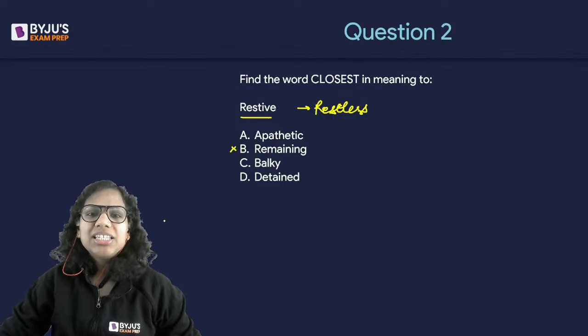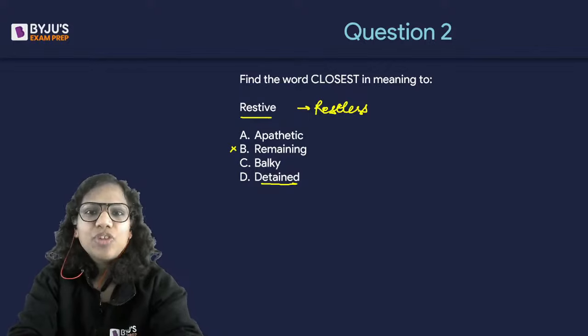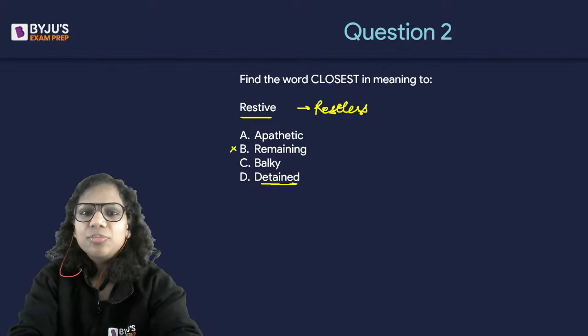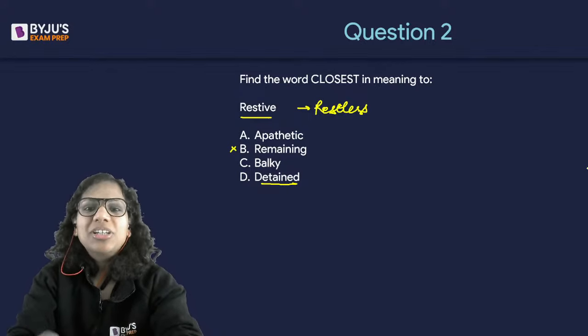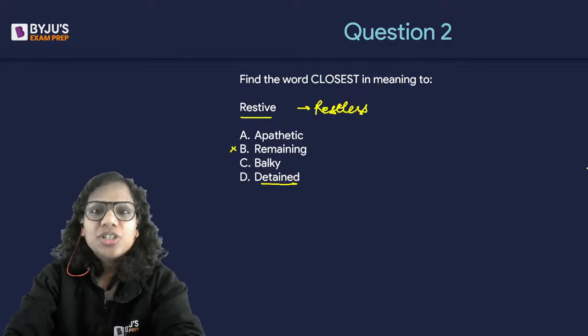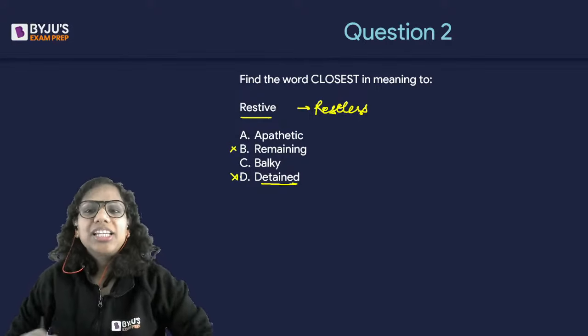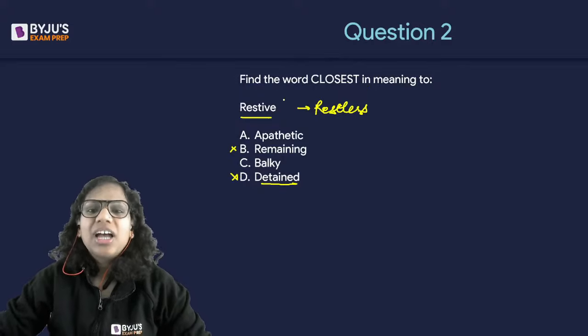So the remaining are eliminated. Detain: when you detain someone, you stop them from going somewhere else, right? You perhaps even put them in custody. You must have heard this in a lot of dramas that talk about detaining a person for questioning, right? So no, detain is not the idea here. That is the closest in meaning.